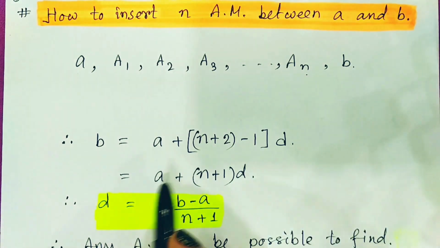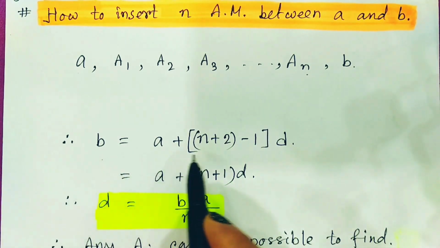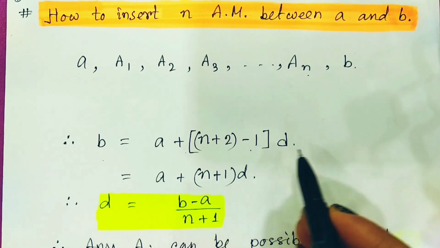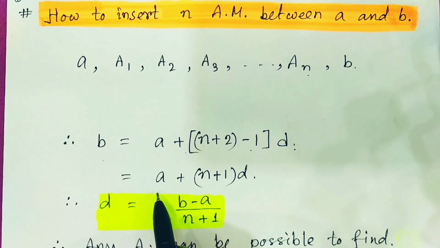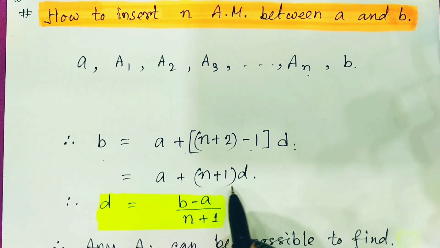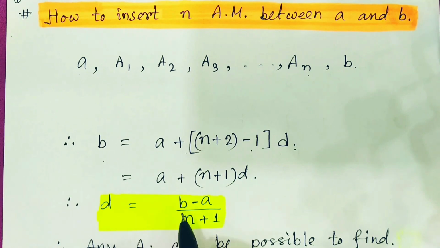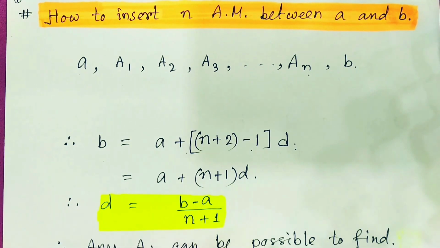So B should be A plus (n plus 2 minus 1) into d. If we simplify, B is equal to A plus (n plus 1) into d. So from here we can easily calculate d. The d value is (B minus A) divided by (n plus 1).